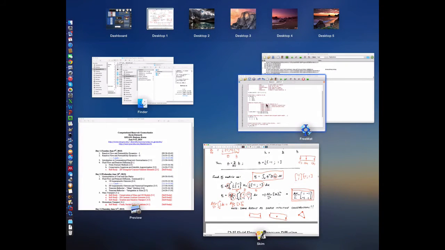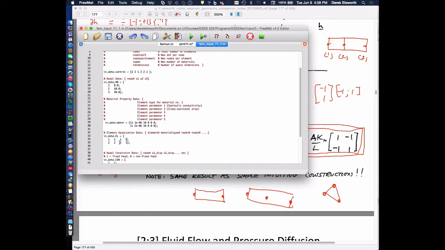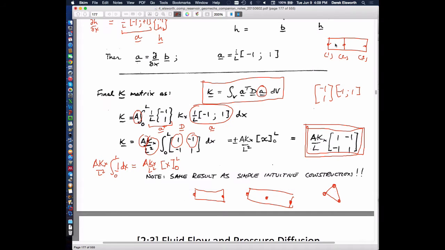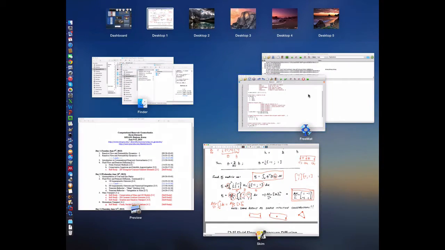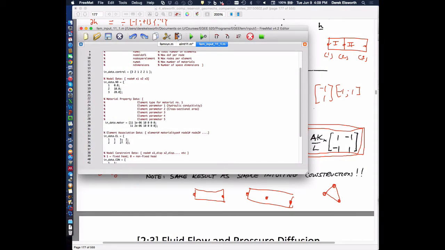So this is element number 1. We use Roman numerals for that, if you remember. And this is the left-hand node, the right-hand node. Element number 2 uses material number 2. The left-hand node is node 2. The right-hand node is node 3.